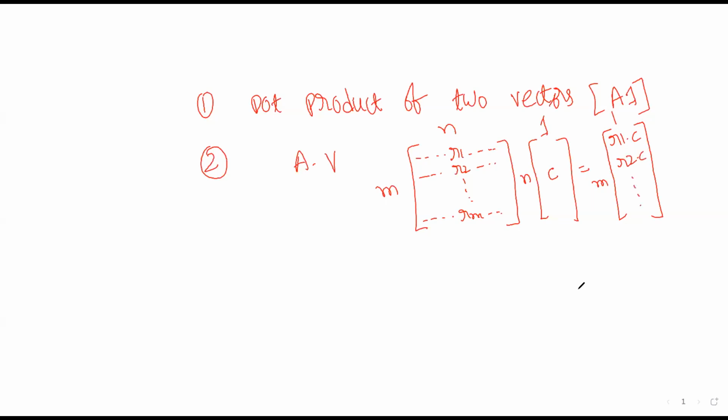This is how you compute a matrix vector product. So you will solve this problem in your assignment 3: how do you multiply a matrix with a vector?